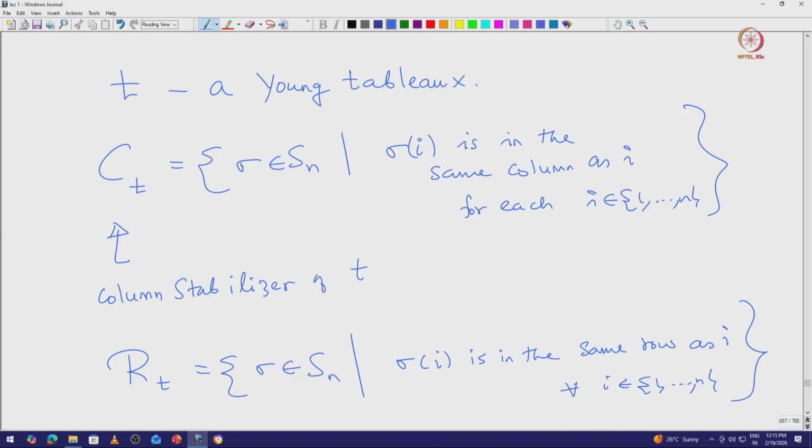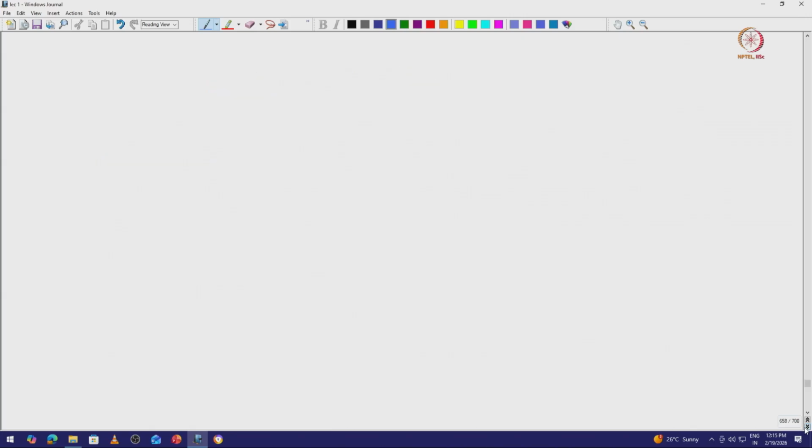Okay. So, this is what you call the row stabilizer of T.